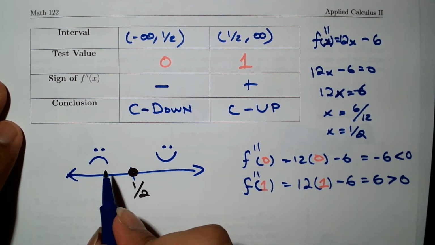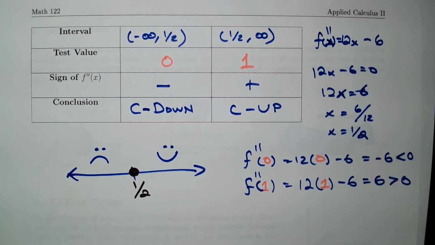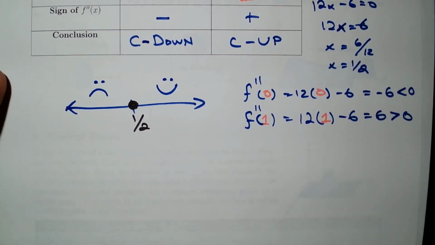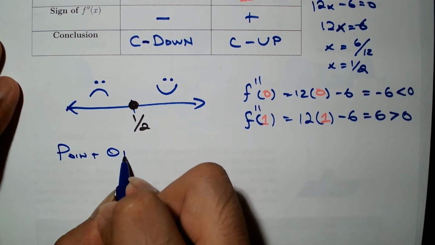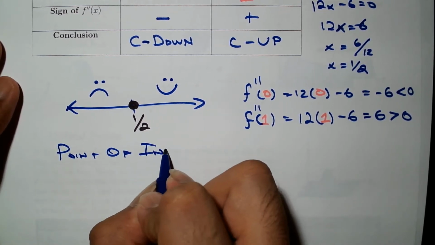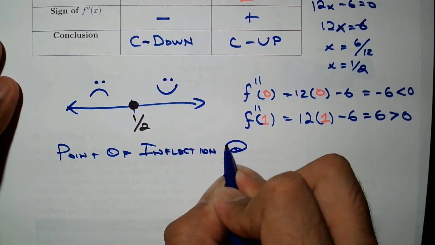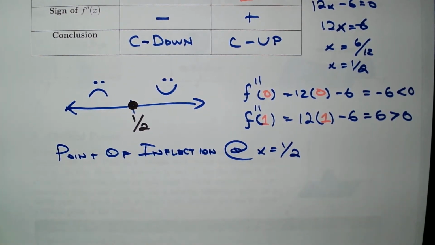So in this case, f of x is changing from sad to happy, so there is a turning point in between that is called a point of inflection. So in this case, the point of inflection is at x equals 1/2. Again, I'm not going to care about the y values.